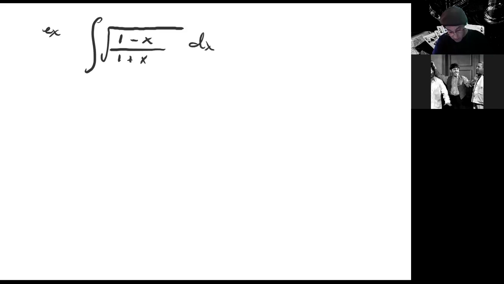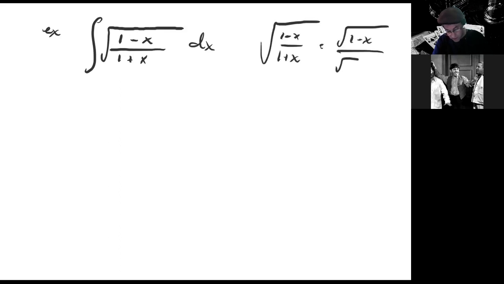Now you can think of the square root of 1 minus x over 1 plus x as the square root of 1 minus x over the square root of 1 plus x. You could try doing a substitution, u equals the entire integrand, but that's going to be a very messy thing. It turns out in this case, it's easier to rationalize the denominator to get rid of the square root.